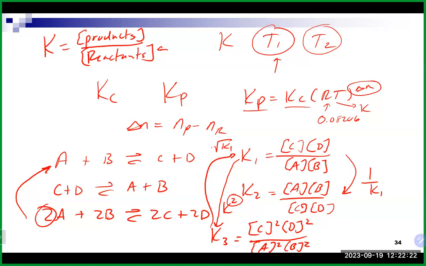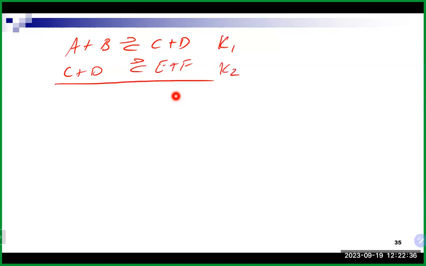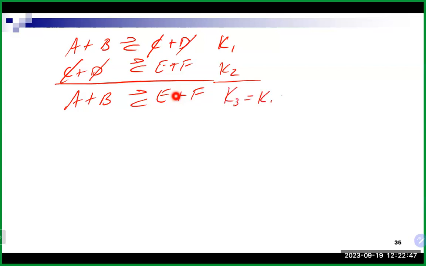So again, that's different than, say, delta H. If we have this equation, and this is K1 and this is K2, these guys will cancel, giving us our overall equation here. And our K value for this one would be these two K values multiplied by each other, not added, which again is a common error that people make.